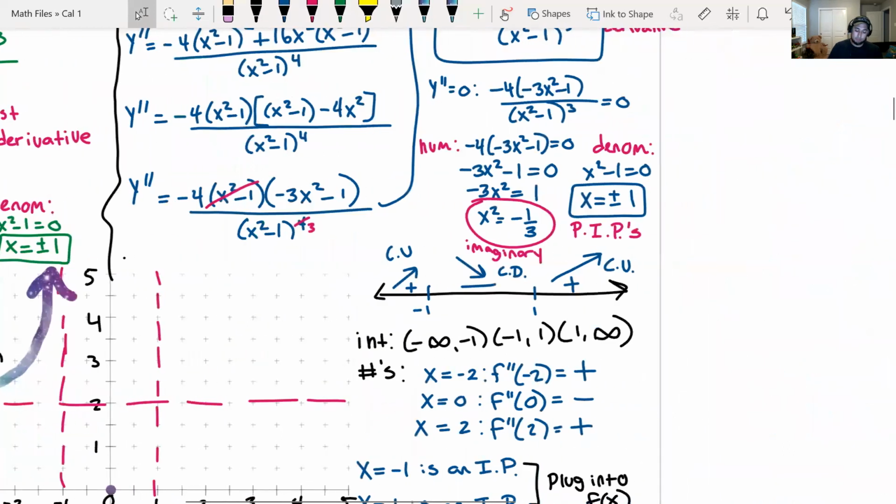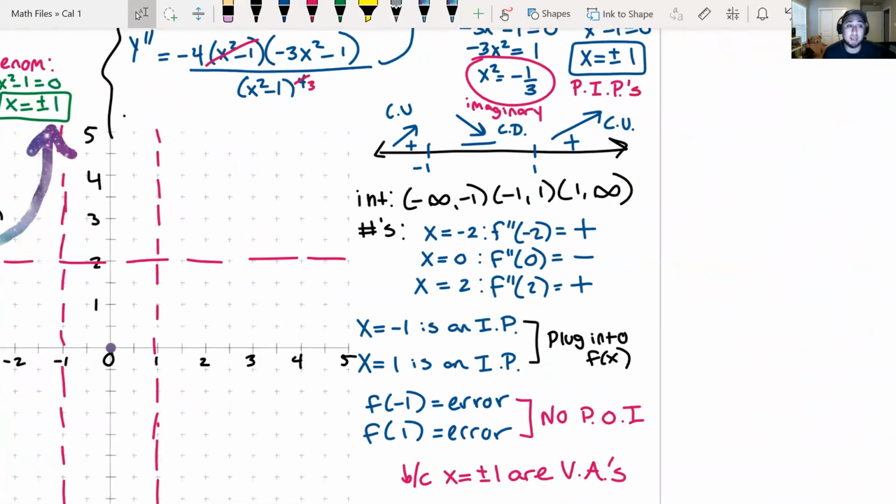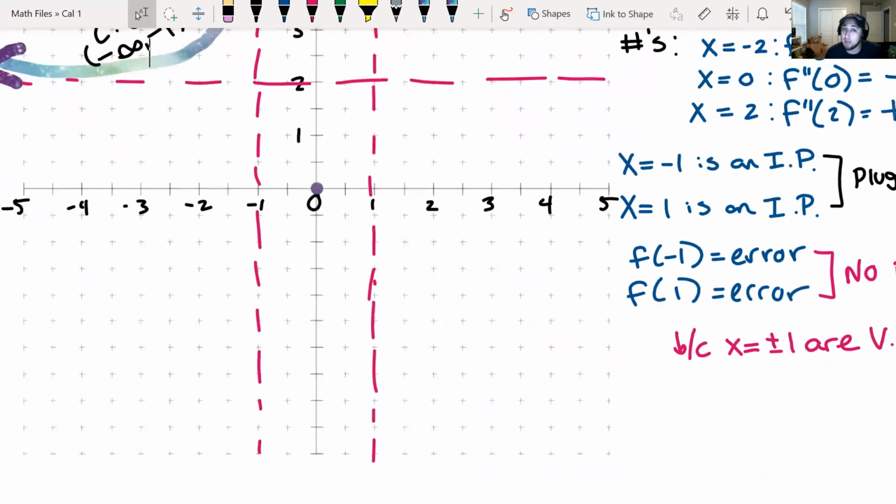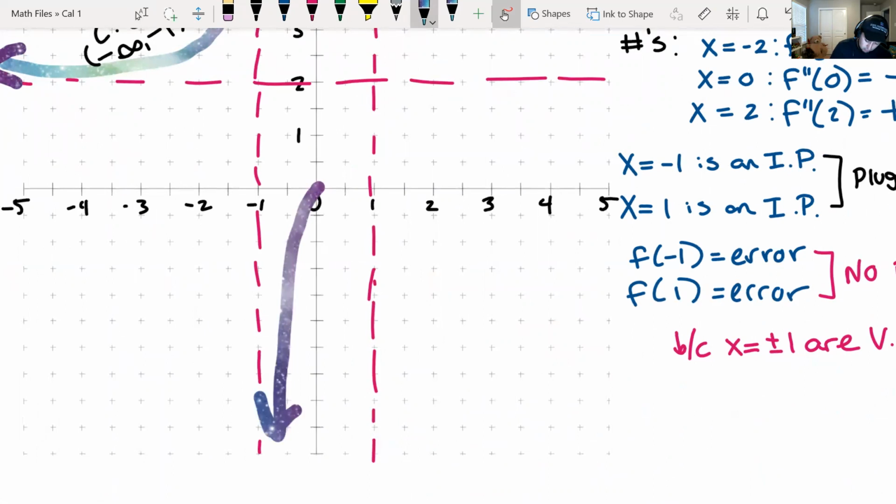And then this says that from -1 to 1, we are concave down. So from -1 to 1, we are concave down, which means this is what we look like. That whole part is concave down.